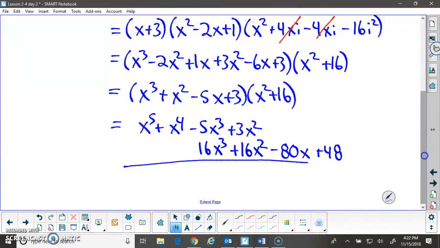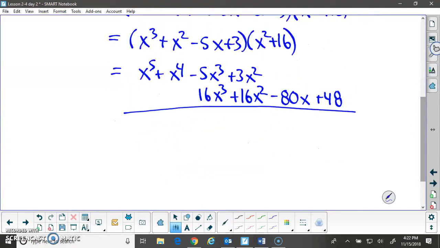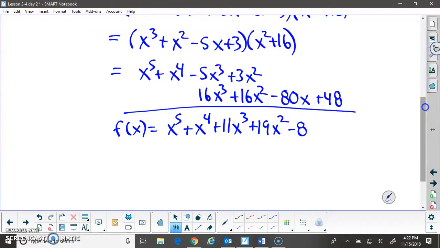Now I'll combine my like terms, and that would give me a function in standard form of x to the 5th plus x to the 4th plus 11x to the 3rd plus 19x squared minus 80x plus 48.